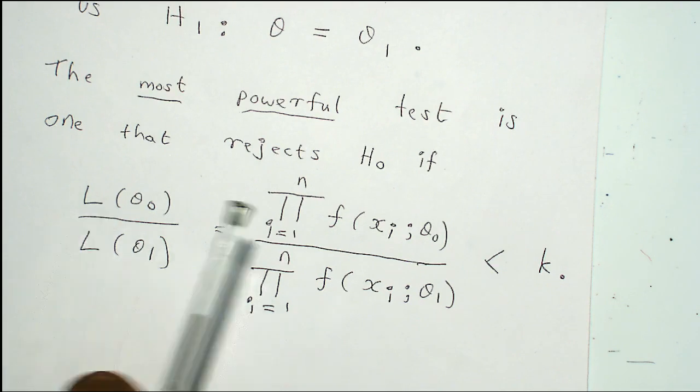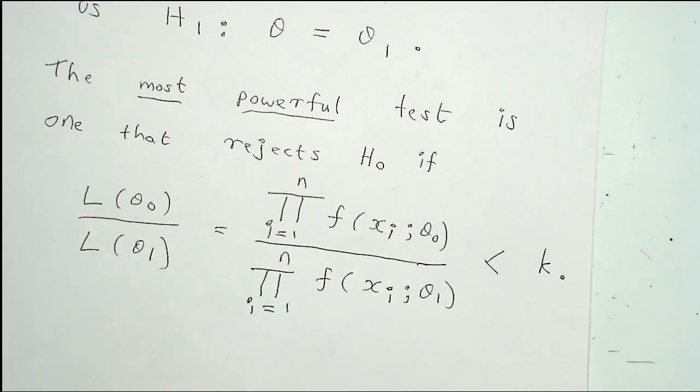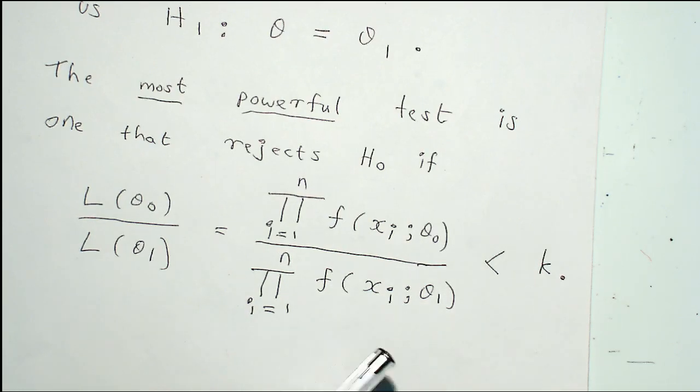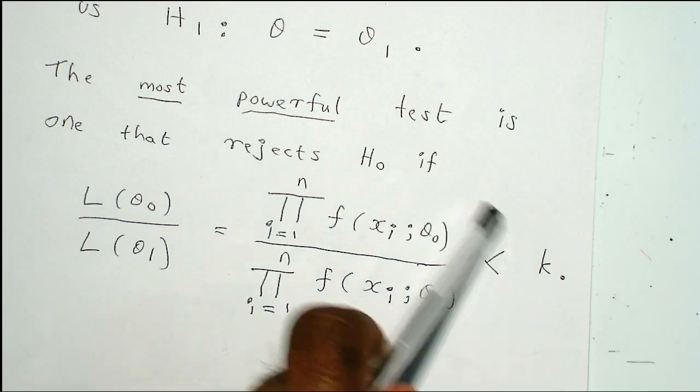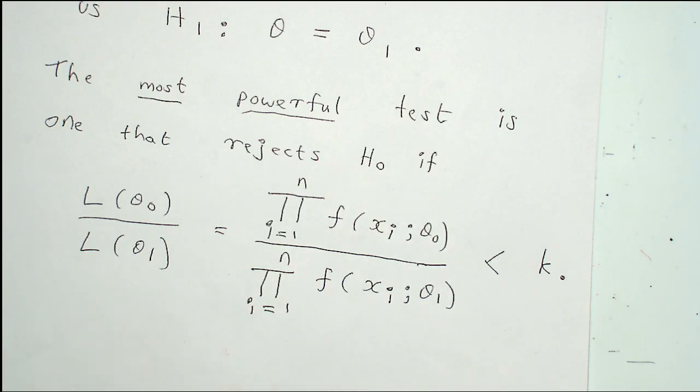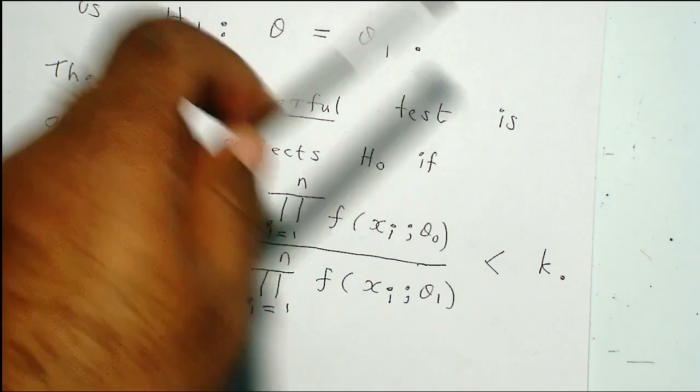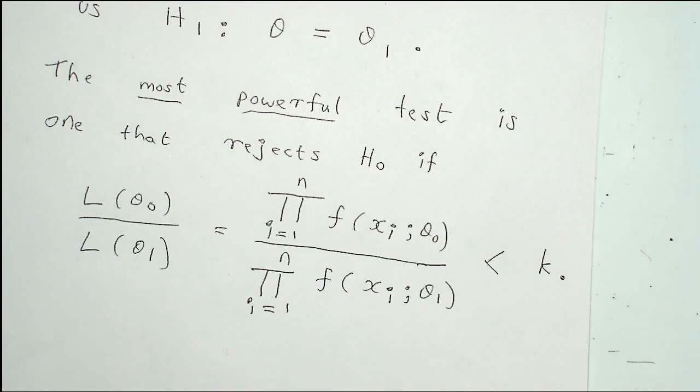So if you take the ratio of the two, and let it be less than a constant k, this rejection rule will have the smallest possible value for alpha and the smallest possible value for beta. And this result here is known as the Neyman-Pearson lemma, right? Okay?